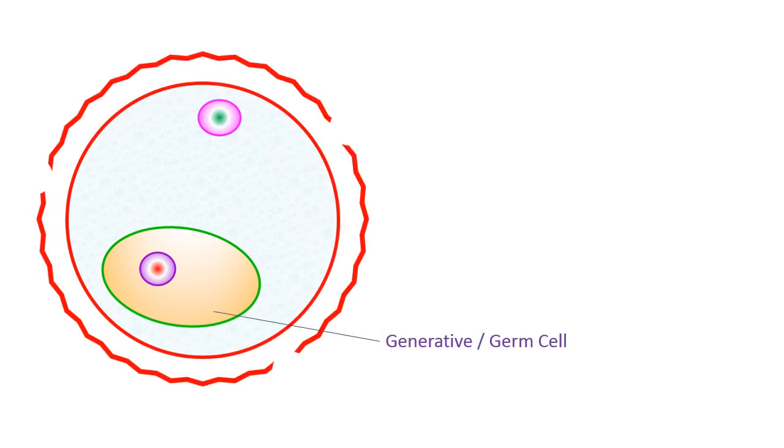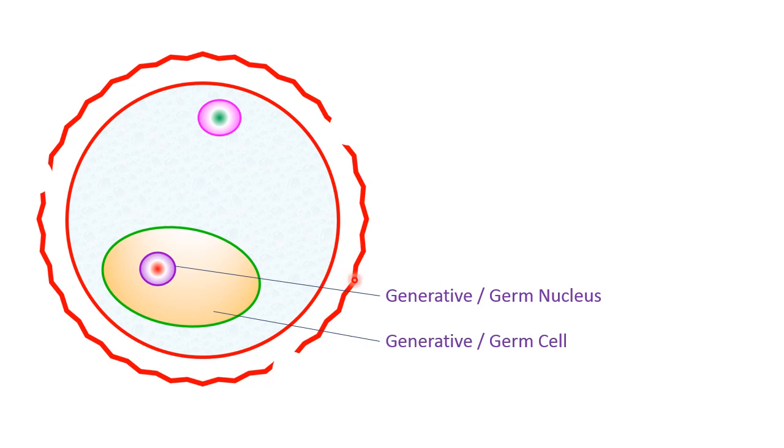Next is the generative cell, also called the germ cell. It is the second cell within intine. It is smaller in size and is placed within the vegetative cell itself. It contains a single functional haploid nucleus called the generative or germ nucleus.